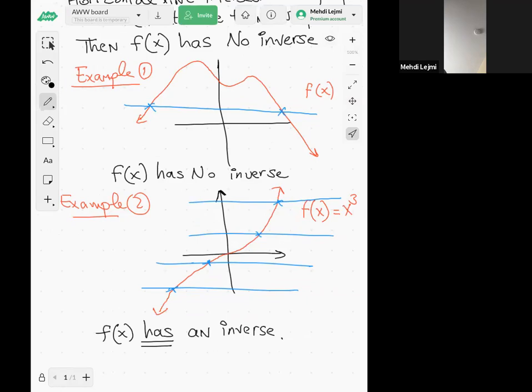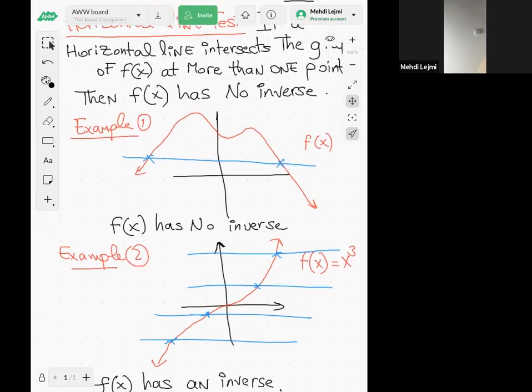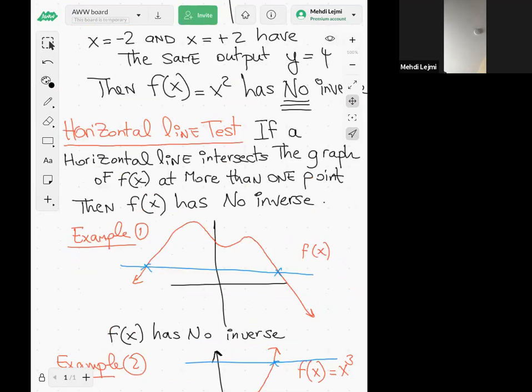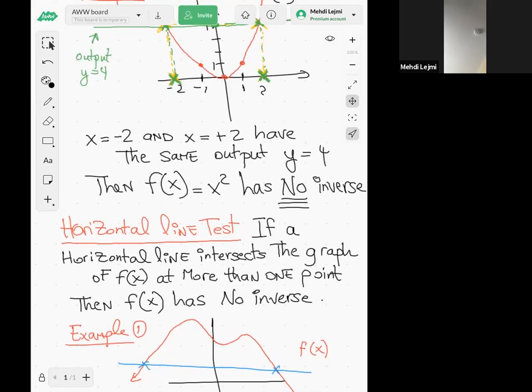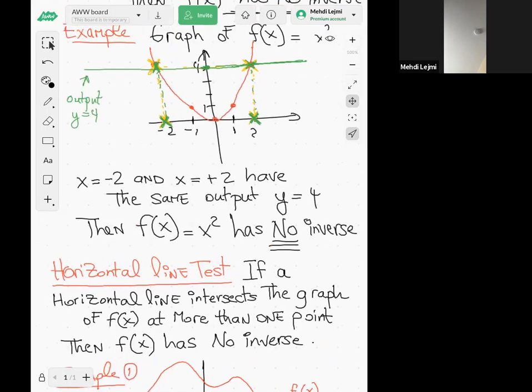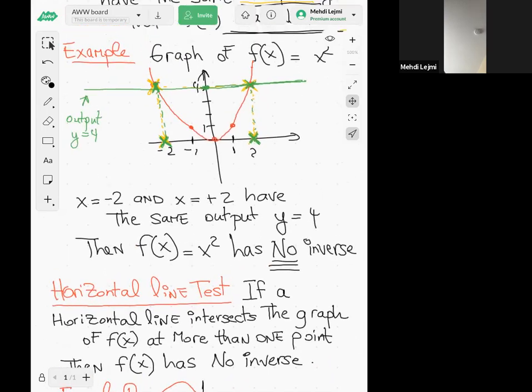All right. So we can use this horizontal line test to check whether f has an inverse or not. And again, the idea is that for each output, if you have an output with more than one input, then your function f has no inverse. Again, like this example with the x squared.